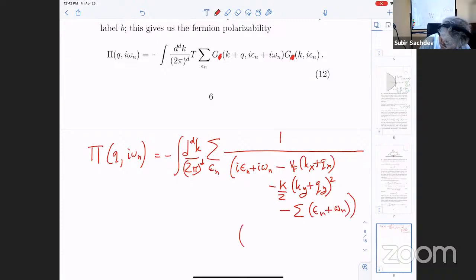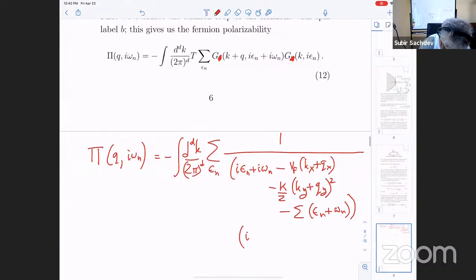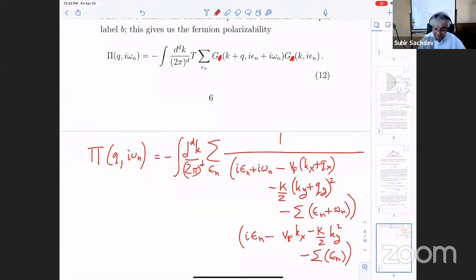And then G of k, which will be i epsilon_n minus vF times kx minus kappa over 2 times ky squared minus Sigma of epsilon_n. Okay, that looks perfectly horrible. How could I possibly evaluate that?